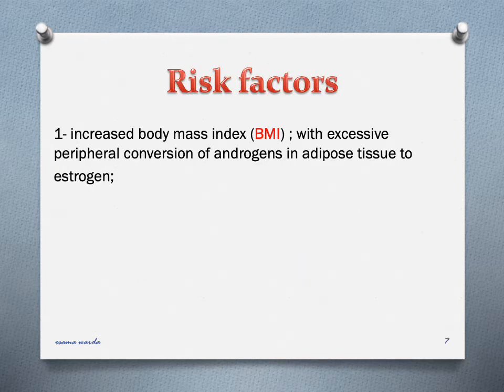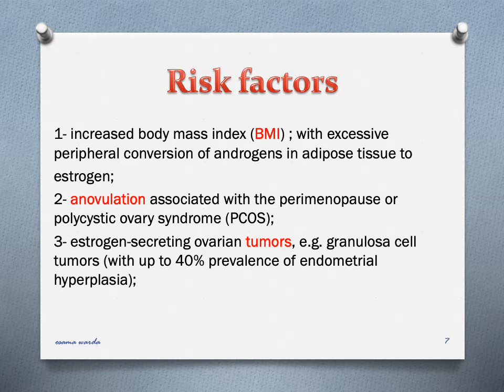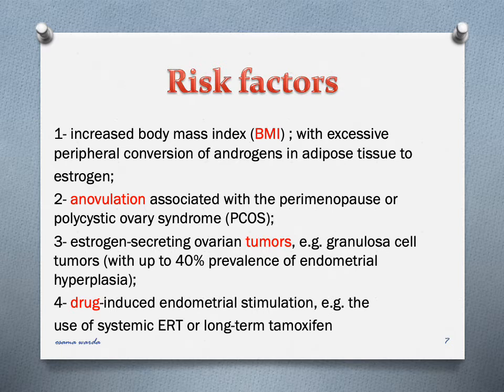The risk factors for endometrial hyperplasia include increased body mass index with excessive peripheral conversion of androgens in adipose tissue to estrogen, anovulation associated with the perimenopause or the polycystic ovarian syndrome, estrogen secreting ovarian tumors such as granulosa cell tumors with up to 40% presence of endometrial hyperplasia, and drug-induced endometrial hyperplasia, for example, the use of systemic estrogen replacement therapy for long periods or the use of tamoxifen as a chemotherapy for patients with breast cancer.